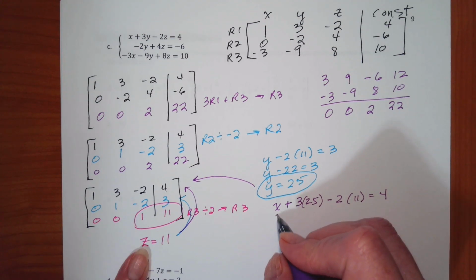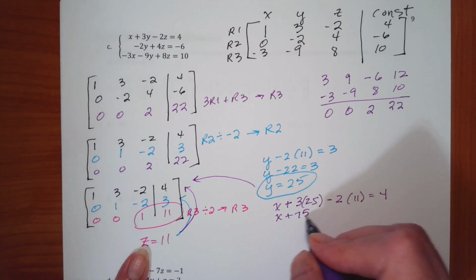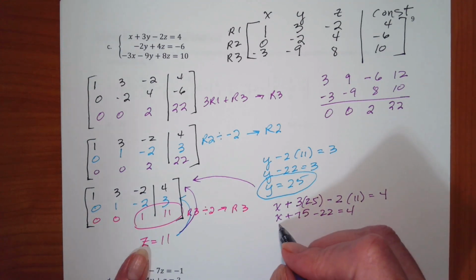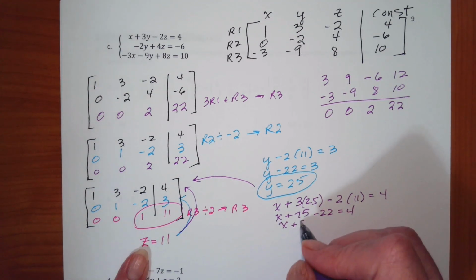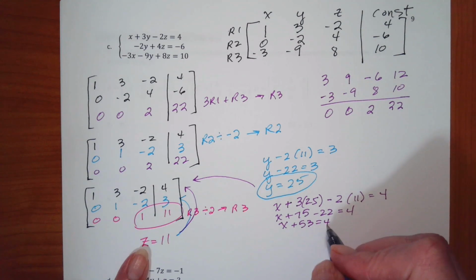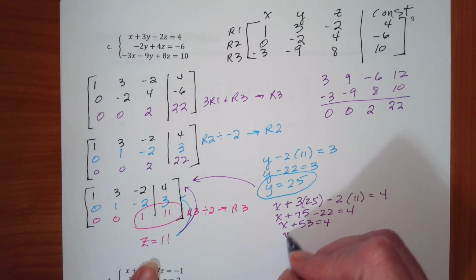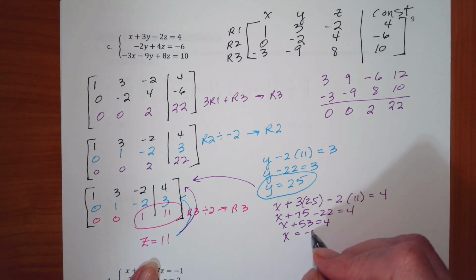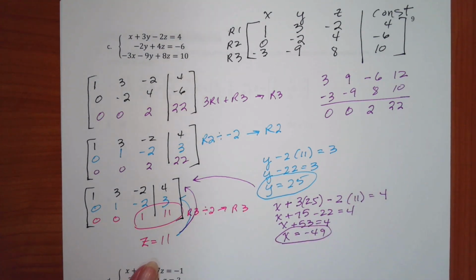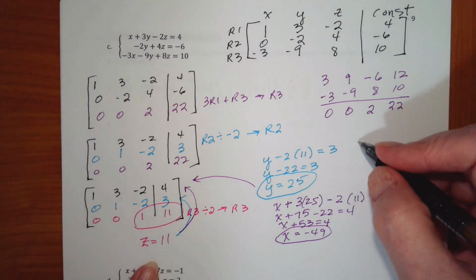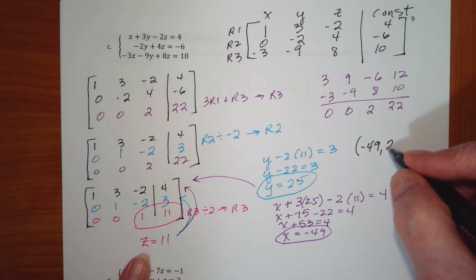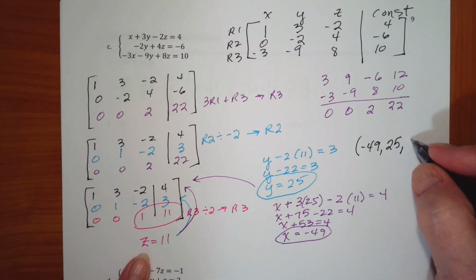So that gives me x plus 75 minus 22 is 4. x plus 53 is equal to 4, which tells me that x is negative 49. So then written as an ordered triple, my x is negative 49, y is 25, and z is 11.